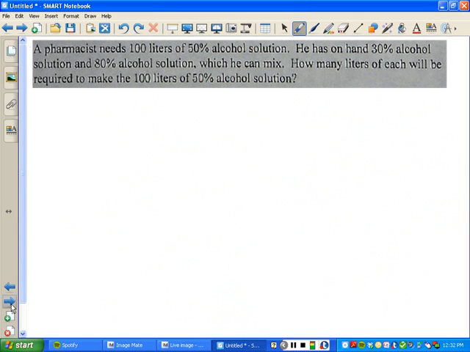All right. Last problem. The pharmacist. They never have what they need, those damn pharmacists. So we need 100 liters of 50% alcohol. So we got x plus y equals 100.